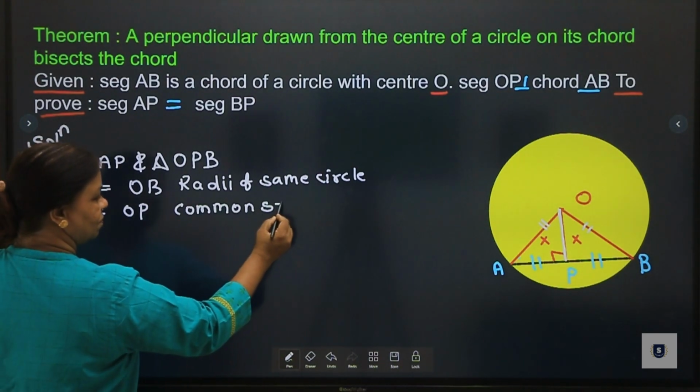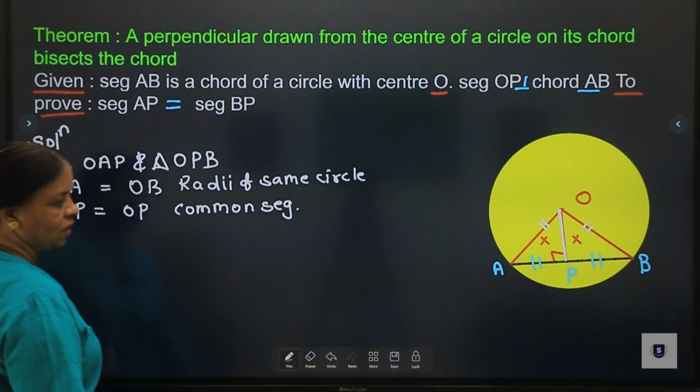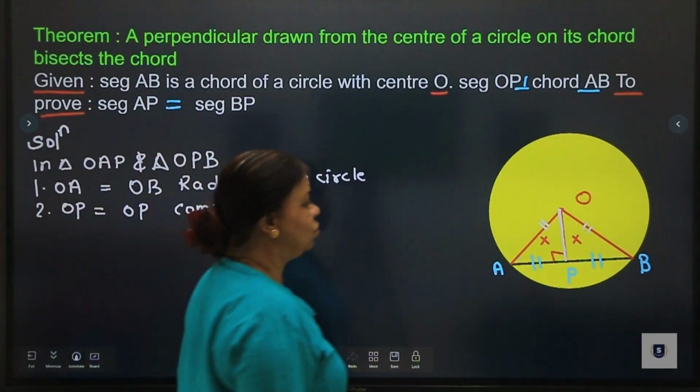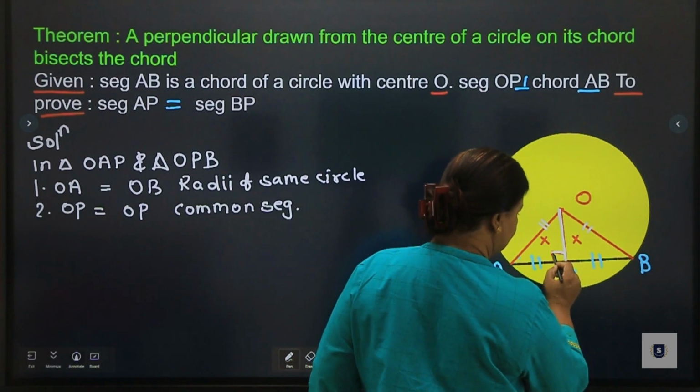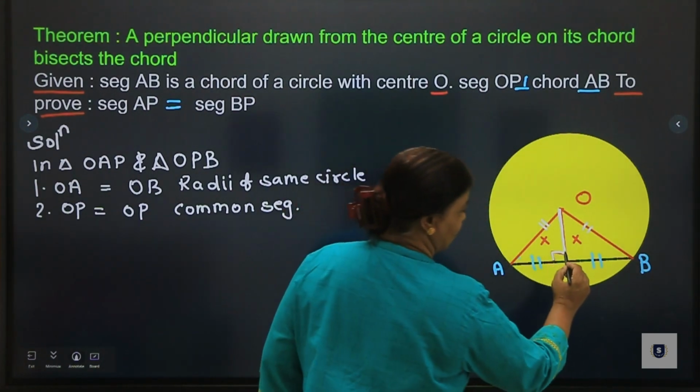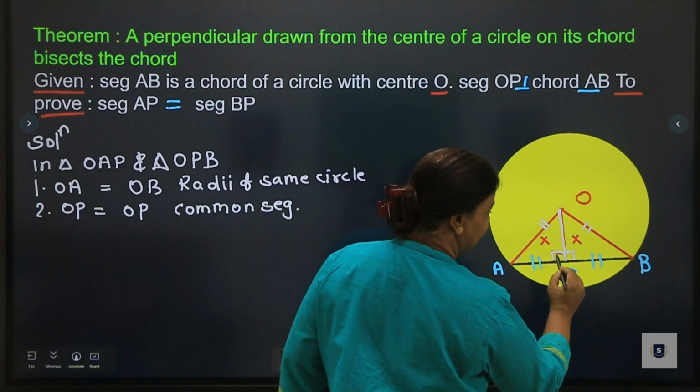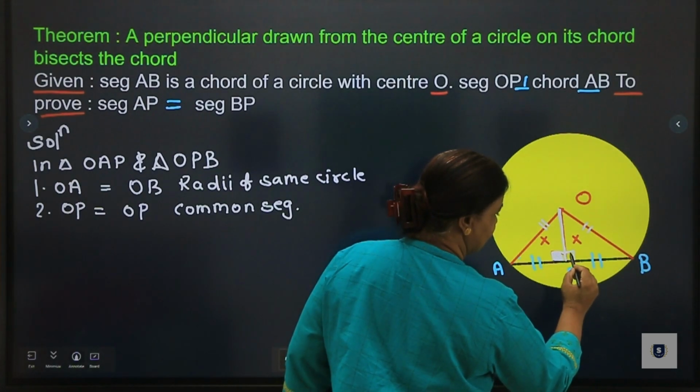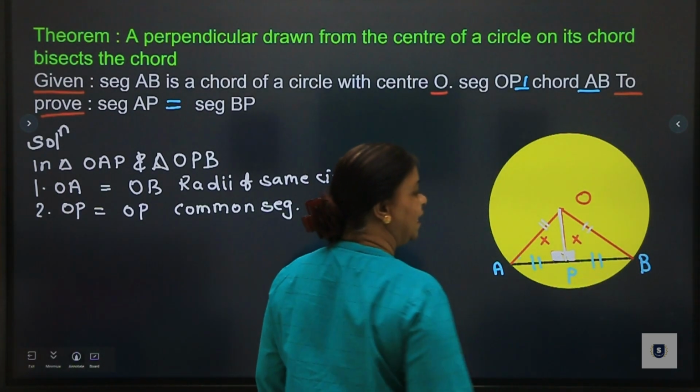Okay. Now we can also say that this angle is 90 degrees and this side also the angle is 90 degrees. Yes, both the angles are 90 degrees.